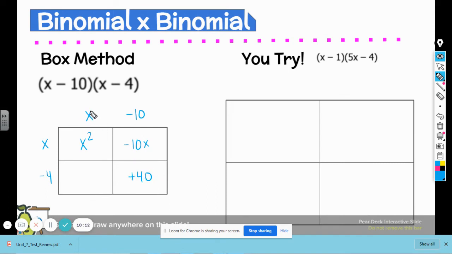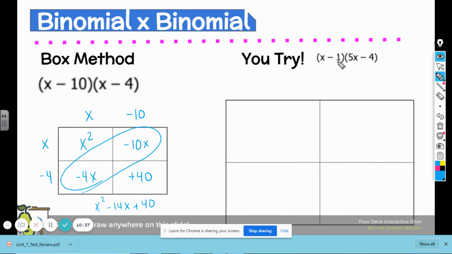And then you do every row and every column, right? So x times a negative 4 is a negative 4x. Then you can usually combine the terms that are right there. And so I would say x squared minus 14x plus 40 is my final answer.